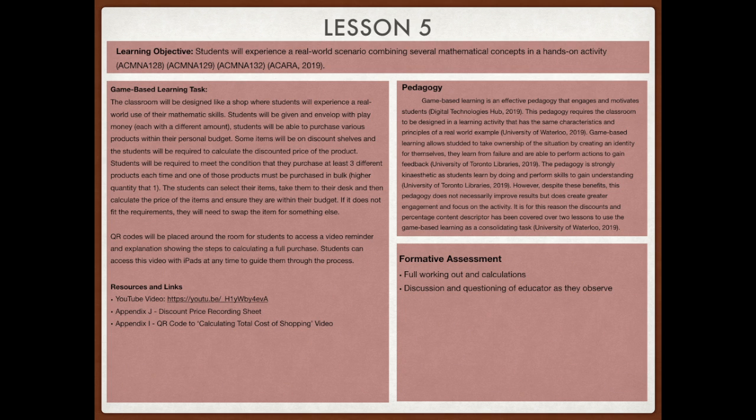The students can then take that back to their desk, and they can work through the formula of finding the original price and going through each item and working out the discount to find the new price. And they add those together, so that incorporates that addition of decimals. They'll need to use multiplication of decimals when working out the price of a bulk quantity item.